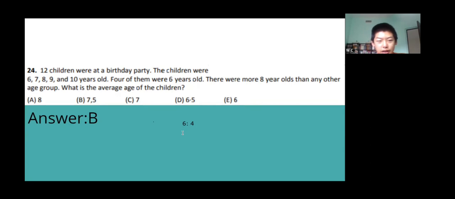So there's at least five 8-year-olds. And there's 12 children total. If you notice that there's five 8-year-olds and 4 6-year-olds, and one of every other age group, then there's 12 children.